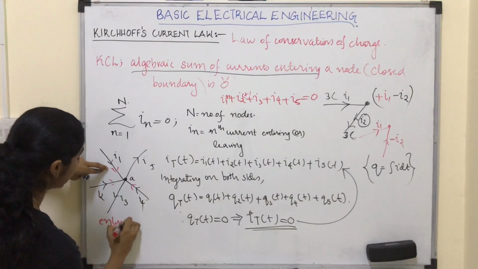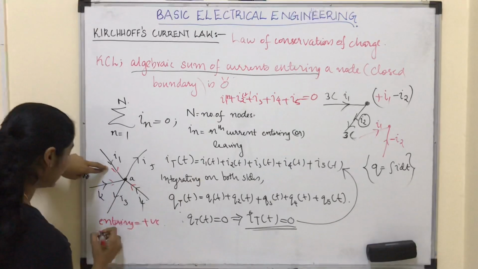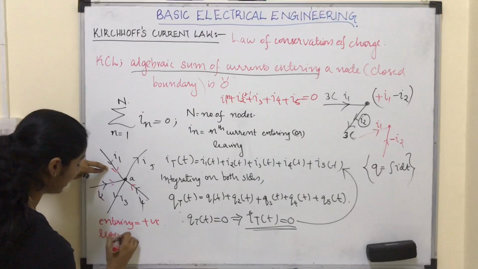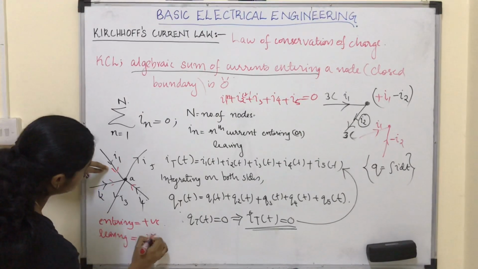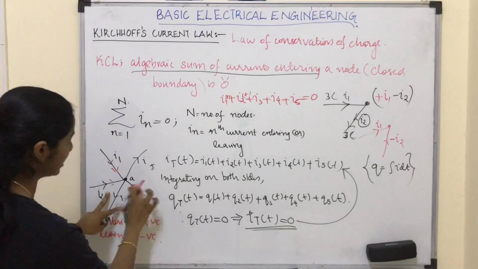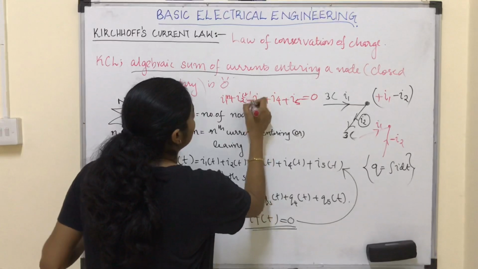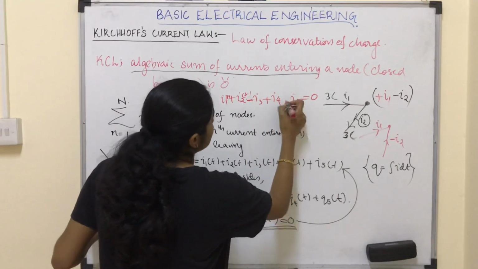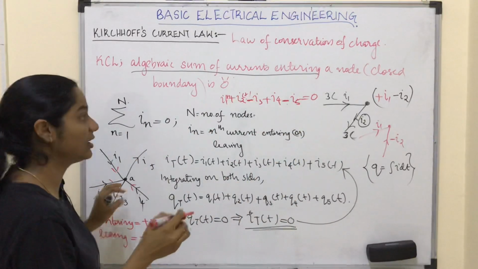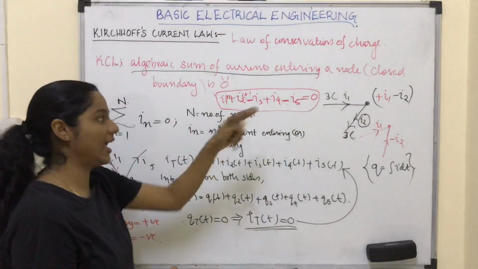Entering currents I am taking as positive, so leaving currents are definitely negative, which means I1, I2, I4 are positive and I3 and I5 are negative. This is nothing but our KCL, and this is the proof for KCL.